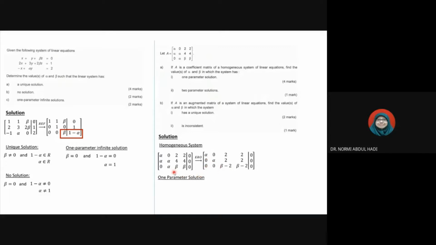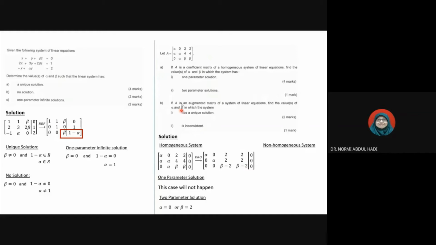Therefore, it is impossible for the system to only have a one parameter solution. For a two parameter solution, there are two cases. First one, when alpha equals 0, these two columns will not have leading ones, or when beta equals 2, these two columns will not have leading ones.